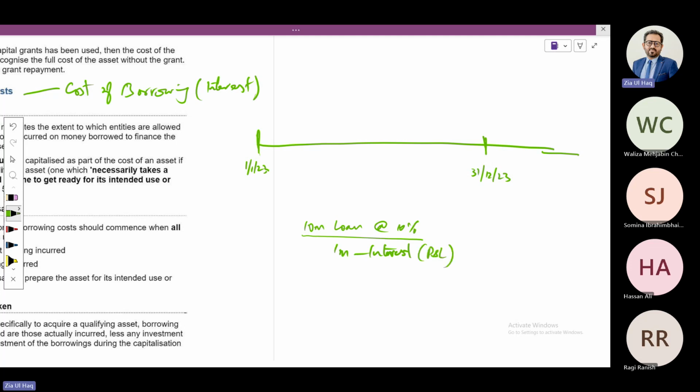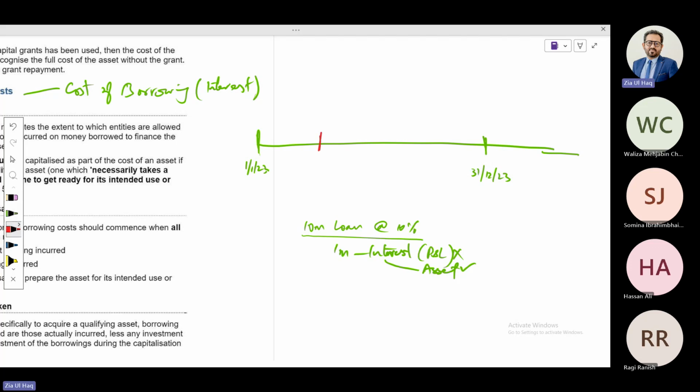But if we have used this loan in construction of the asset, then we will capitalize this interest, meaning we will charge it as asset cost rather than to the profit and loss account. Suppose this is our year start, and at this point, like 1st of March 2023, we started construction of the asset. And we completed the asset construction on, say, 30th of September.